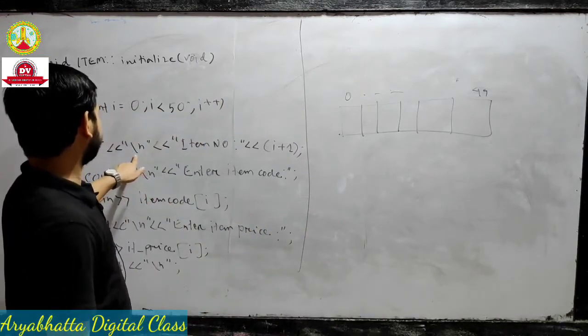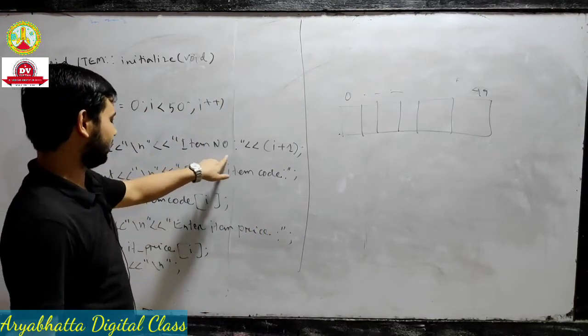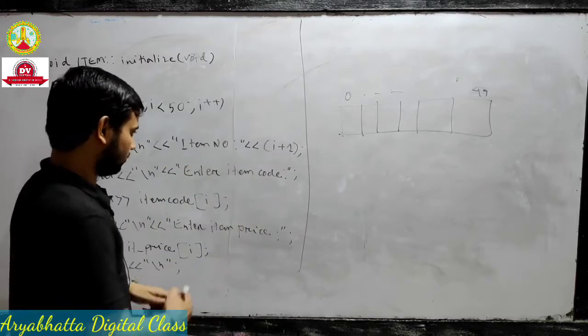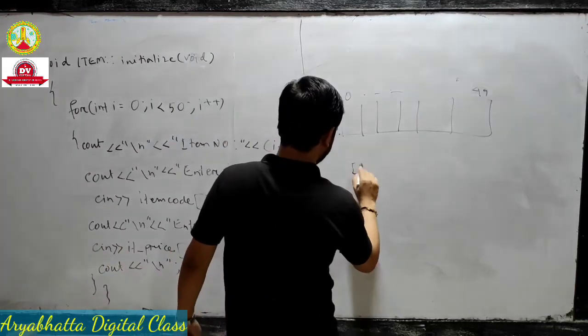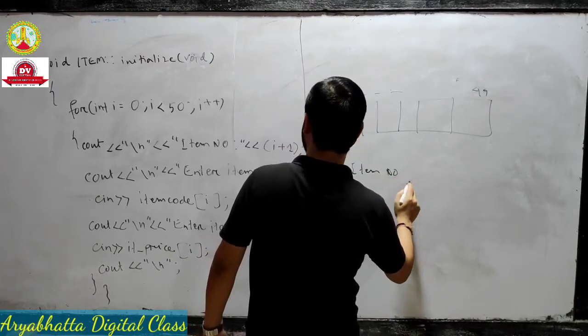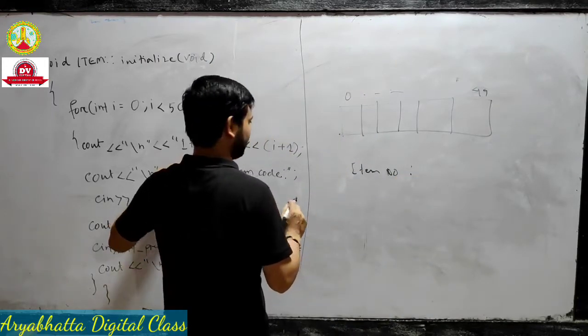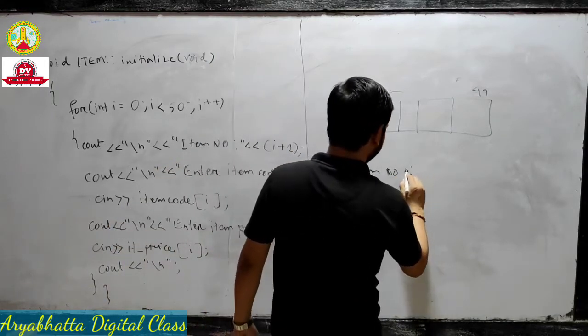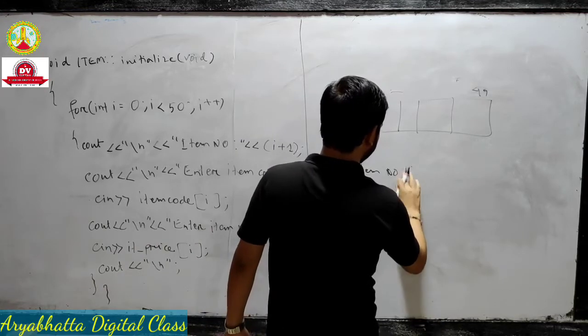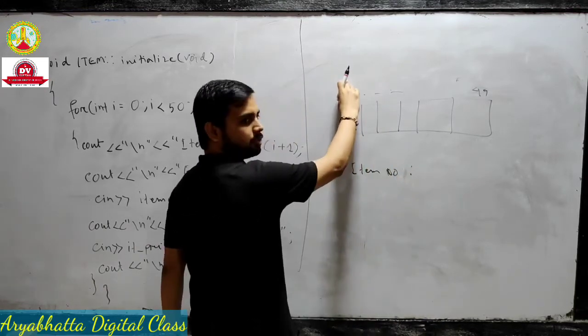First of all, the output is \n meaning new line, item number i plus 1. Why do we take i plus 1? I will tell you. Item number, this is the printing statement. I plus 1 is for item number 1. Actually the index is coming from 0 to 49.